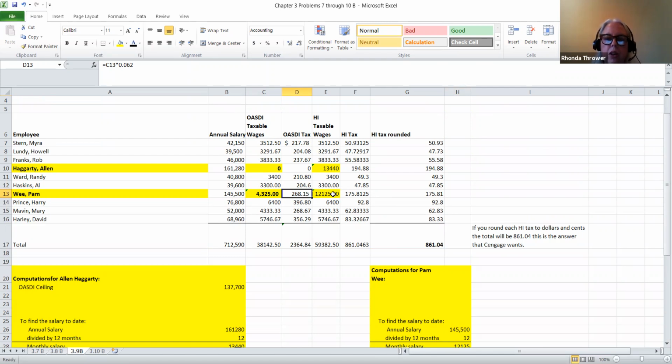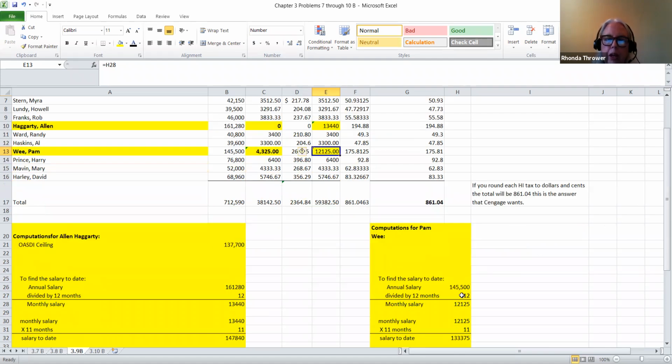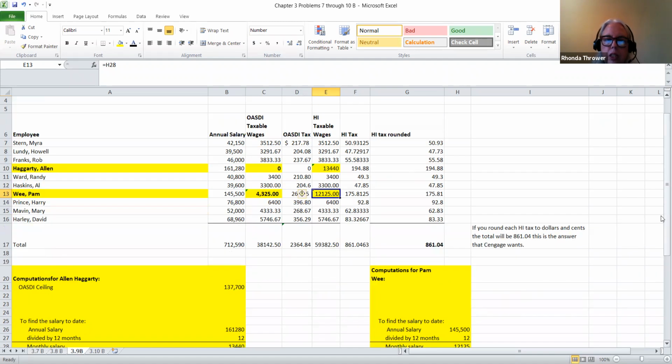And then notice that the taxable wages for HI are the entire monthly amount of the wages. The monthly amount of wages that we calculated was $12,125. This annual salary of $145,500 is not more than $200,000.